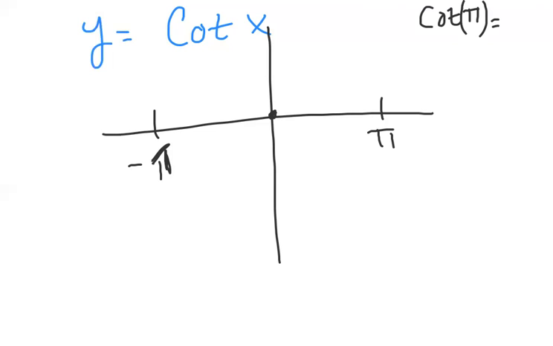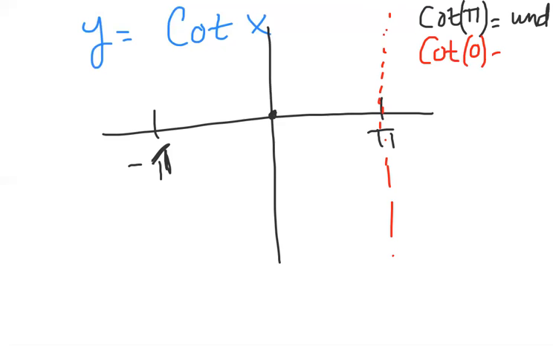So cosine at pi would be what? It would be -1. And then sine at pi would be 0. If you take -1 and divide by 0, what do you get? An undefined value, guys. So it's undefined. So here, you would have a vertical asymptote at pi. Well, what happens to cotangent of 0?